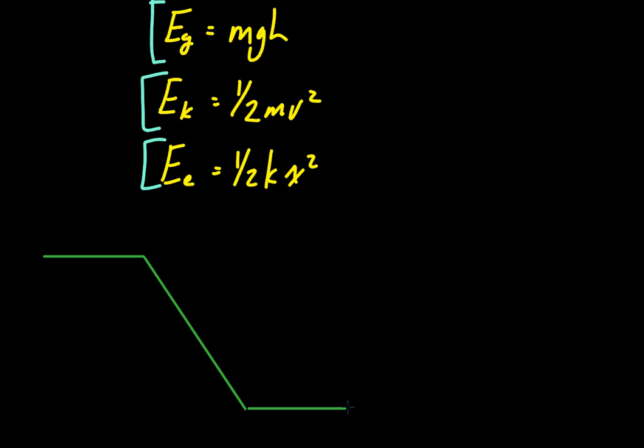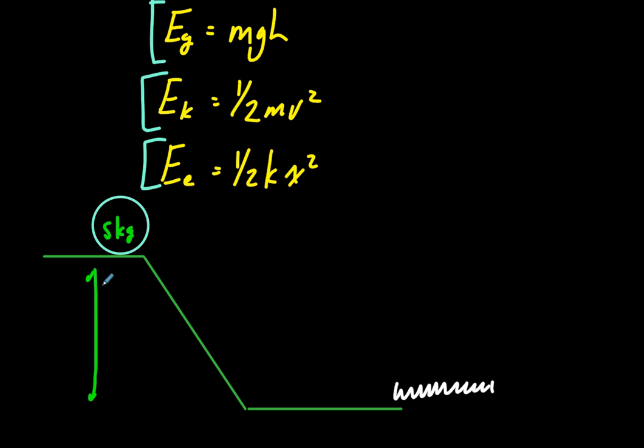Say we have a system like this, with a little spring at the bottom, and we put a little mass at the top. Say this is 5 kgs. Let's say this is 10 meters high.